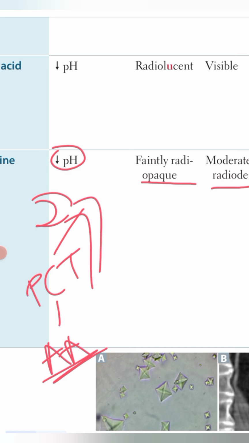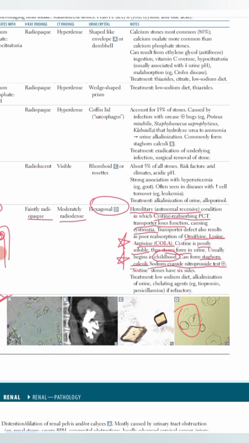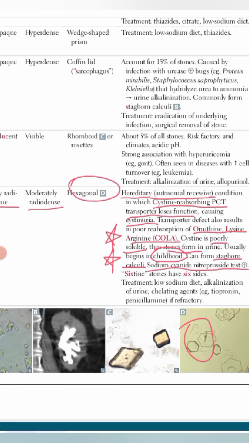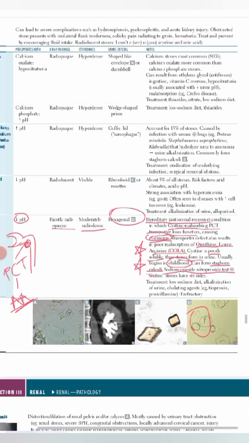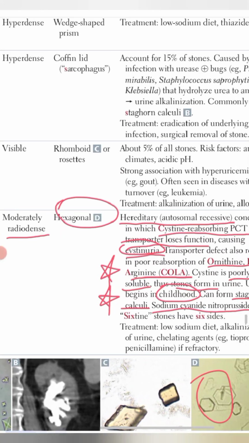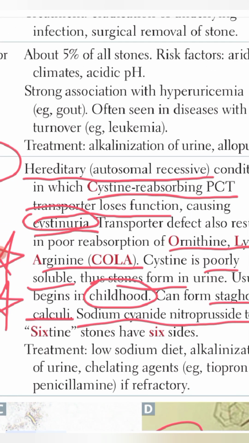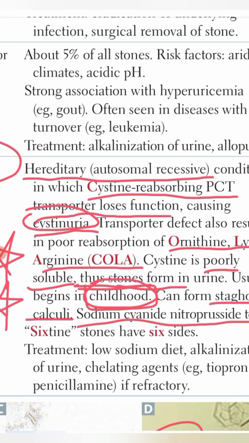When there is defect in PCT transporter, these amino acids, particularly these four amino acids, are not reabsorbed. And the cysteine is also an amino acid. It is not reabsorbed due to an autosomal recessive condition in which cysteine reabsorbing PCT transporter loses its function. So cysteine is not absorbed, it is excreted in the urine. Cysteine precipitates in the acidic pH and form cysteine stones, and it is characteristic of childhood.